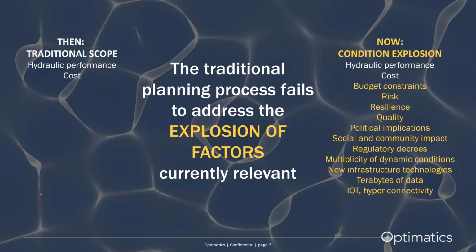Along with hydraulic performance and cost, you'll all be aware that we need to be considering things like our budget, risk and resilience, our water quality, and then even beyond those traditional planning metrics, we need to think about political implications of different strategies and how they impact the social and community environment around us. So we really need to be making these decisions in quite a complex space, and just considering hydraulic performance and cost can be a bit limiting. With Optimizer, we're helping to expand into that multi-objective decision making.